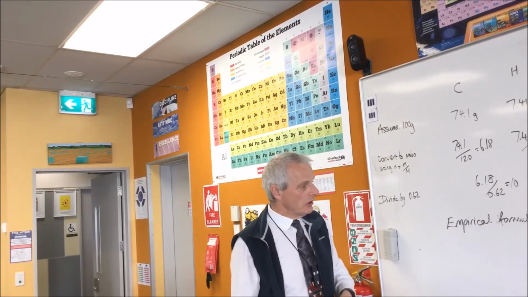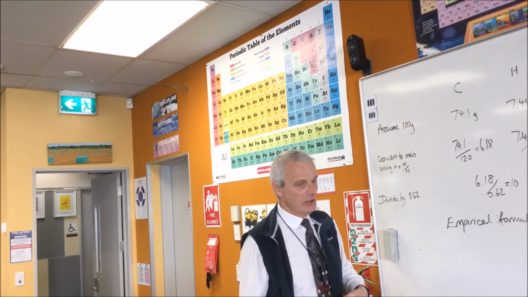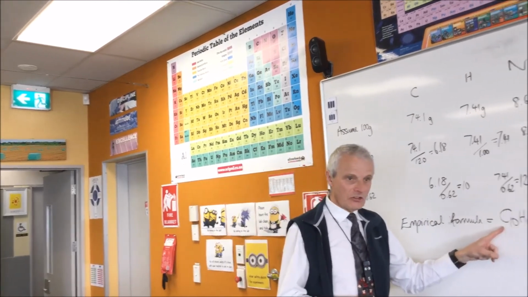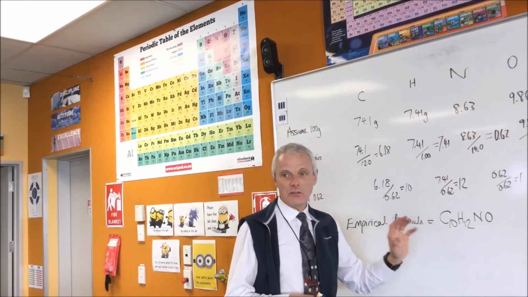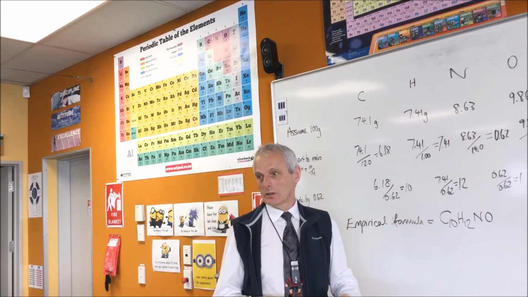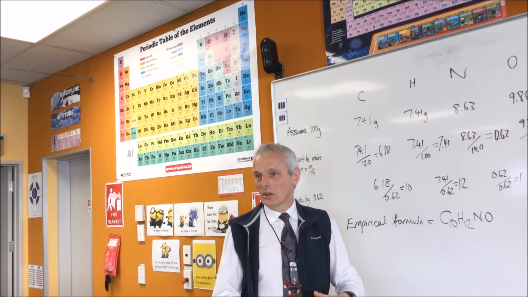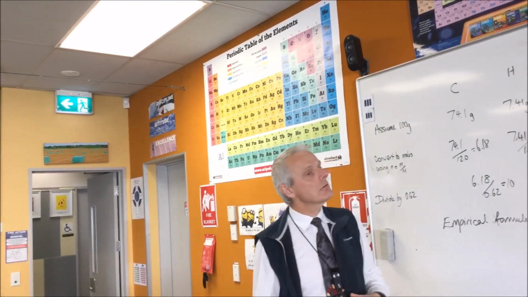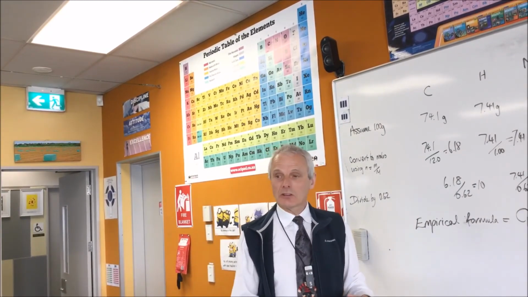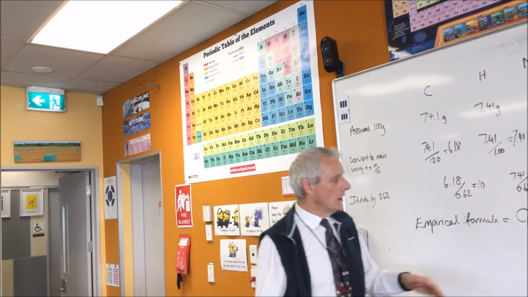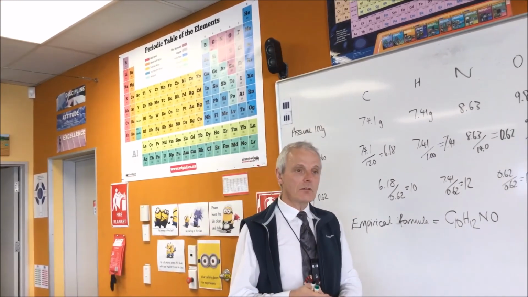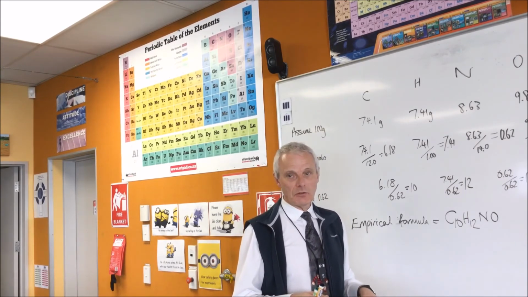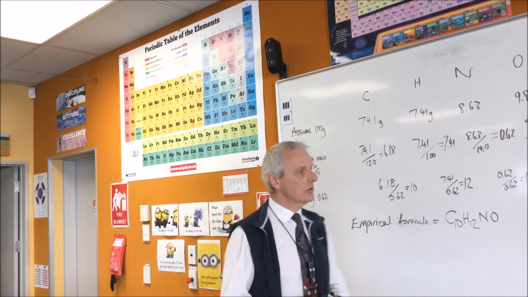It's international standard practice that the usual way of writing a formula is C first, H next, and then everything else in alphabetical order. If you're not sure about it, there are oddities, particularly when you get to ionic compounds, where everything seems to fall down. But with a molecular formula for an organic compound, this is the general standard way of writing it. C first, H next, then alphabetical order.